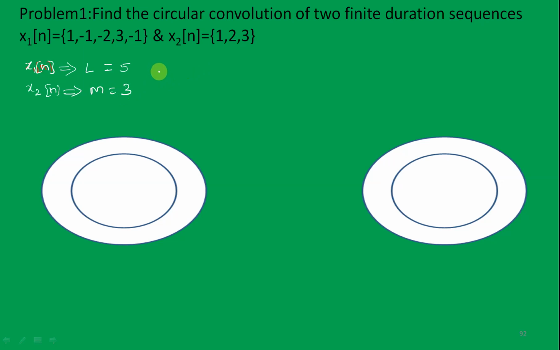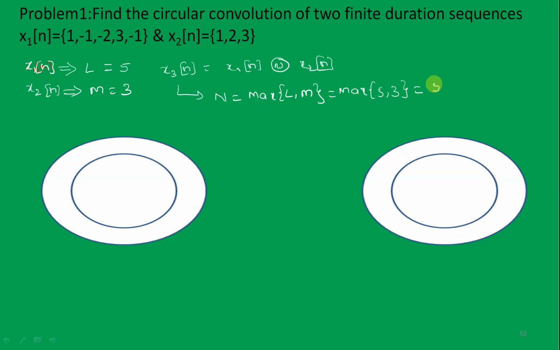Now the resultant signal x3 of n, the circular convolution between x1 of n and x2 of n, has length N equal to the maximum of L comma M. Maximum of 5 comma 3 means 5.